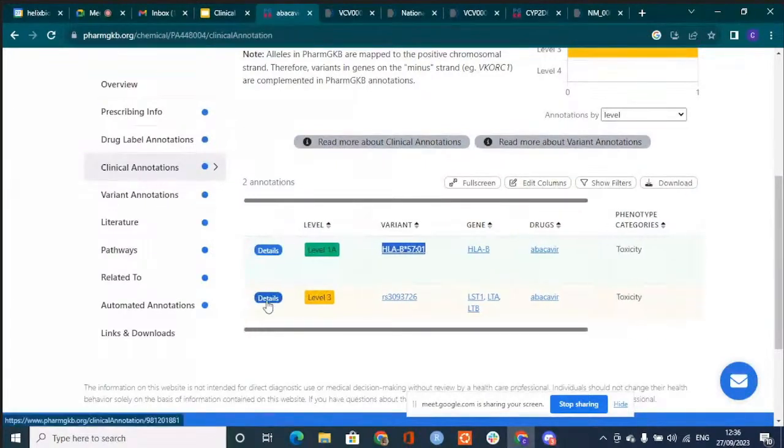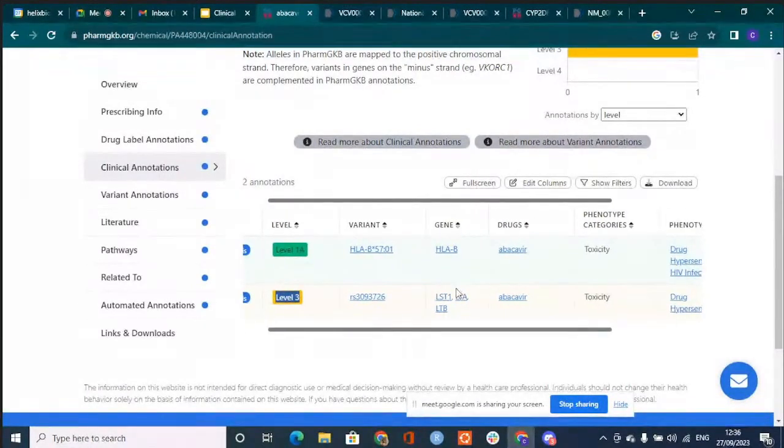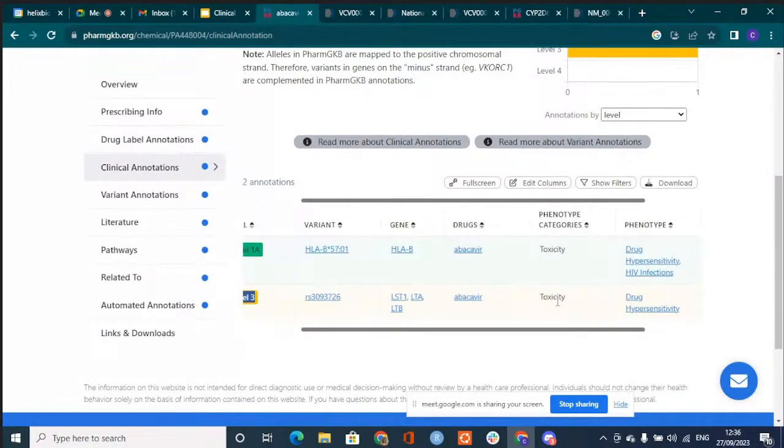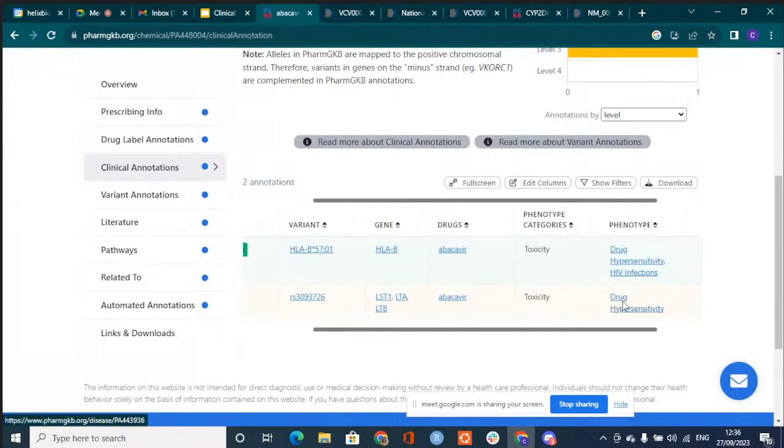If you look at this, the confidence for this level 3 is low. This is another variant, and another gene that has been associated with Abacavir as well, also toxicity and hypersensitivity reaction.